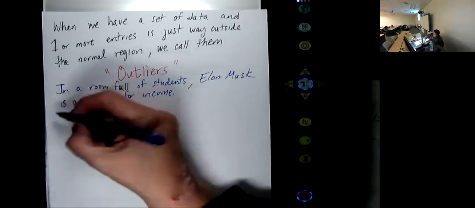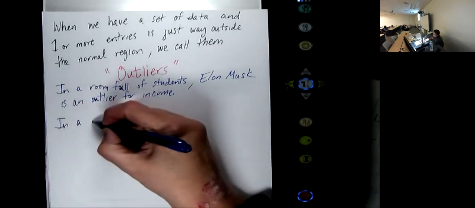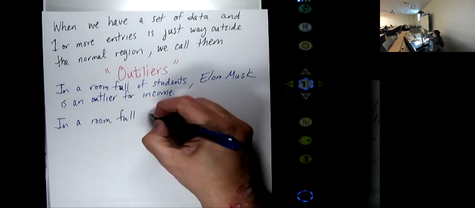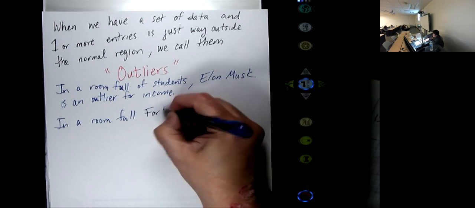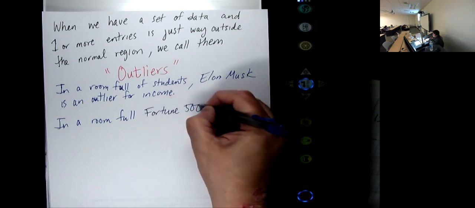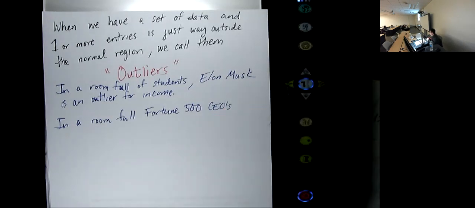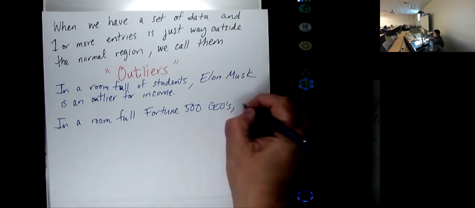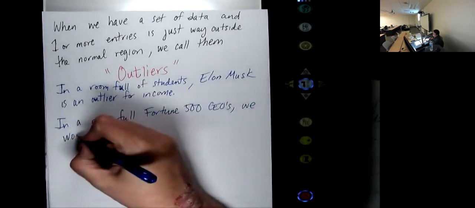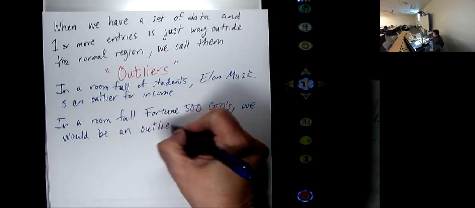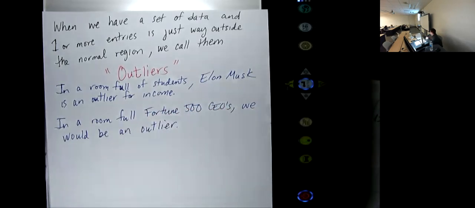In a room full of Fortune 500 CEOs, he probably isn't, he might still be, but we would be an outlier. So it doesn't have to be a number that's much larger than all the rest. It can also be much lower than the rest.